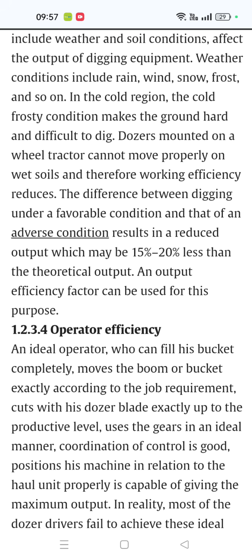The difference between ditching under a favorable condition and that of an adverse condition results in a reduced output which may be 15 to 20% less than the theoretical output.